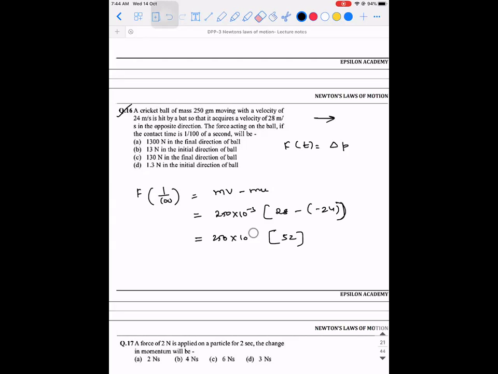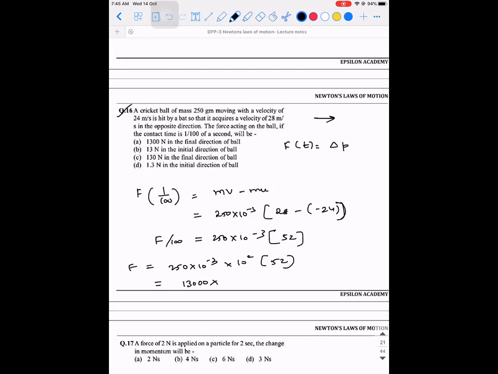So 52 into 250 is how much? I think it's somewhere around 13,000.